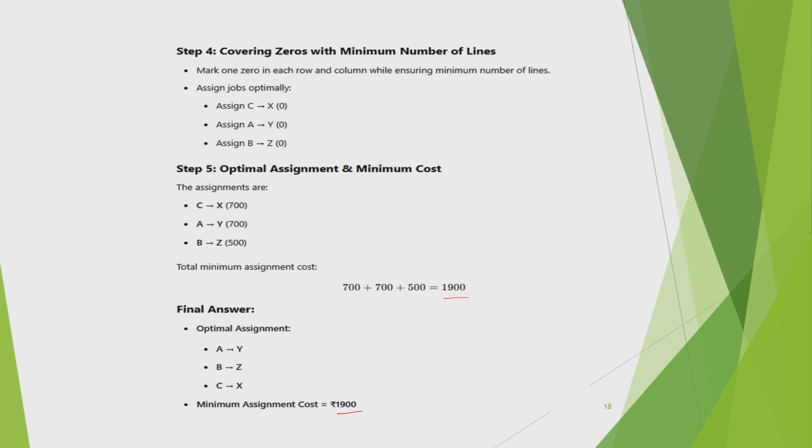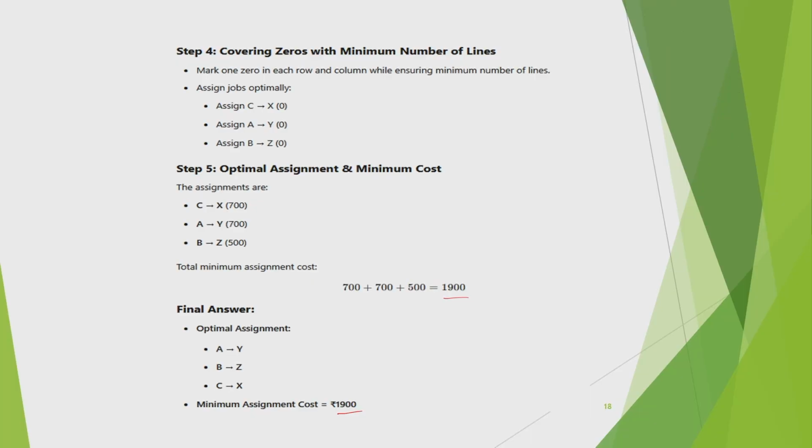These are the corresponding costs. So the total minimum cost is 1900 and the optimal assignment has come.